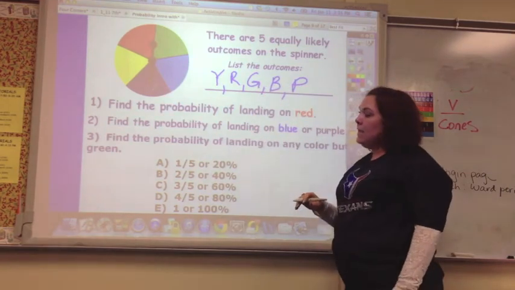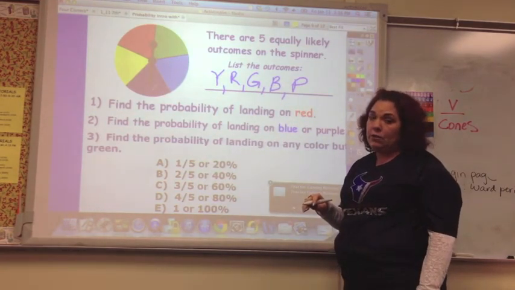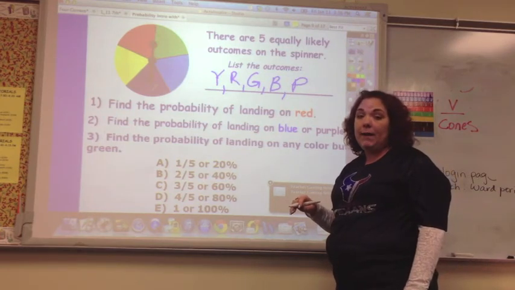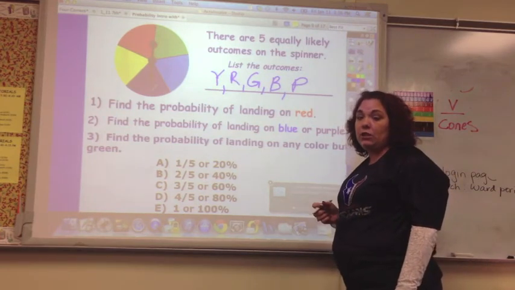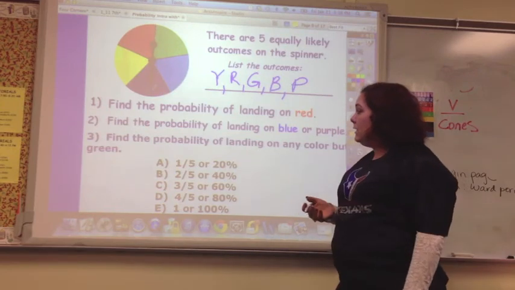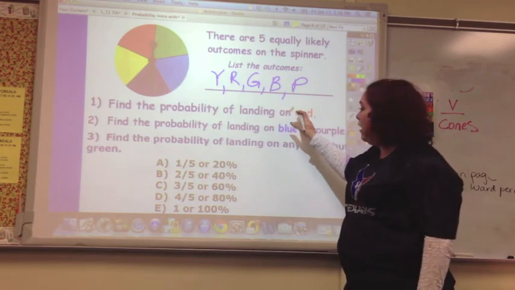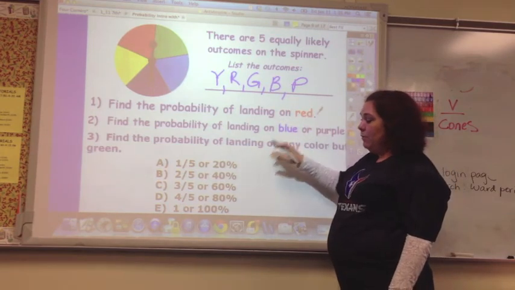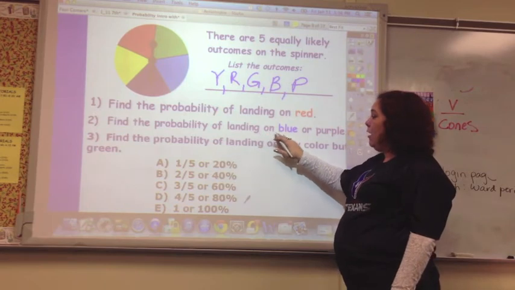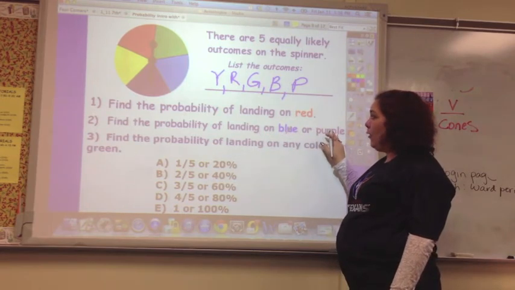And now you're going to answer the following questions in your notes, and whenever you get to class, you're going to vote on these and be prepared to answer these questions and show that you watched the video and that you understand this. It says, find the probability of landing on red. Pick one of these. Find the probability of landing on blue or purple.